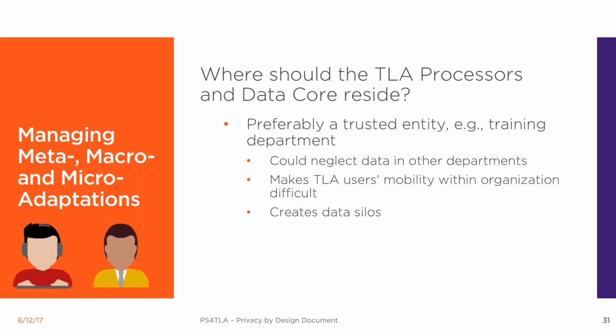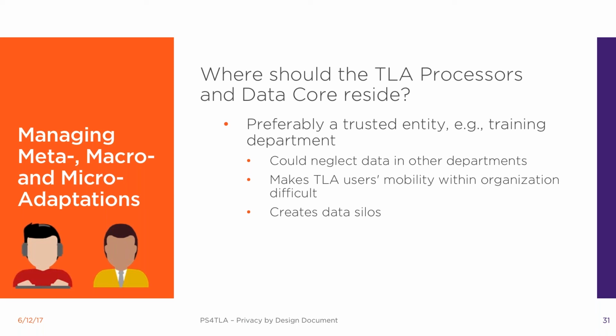But on the other hand, if you make a lot of different instances of TLA, that makes it harder to allow for mobility between different departments. If I'm moving from one department to another, the data should be available to that other department as well. So if you make the TLA instances too small, you get data silos, and we should make sure that doesn't happen.